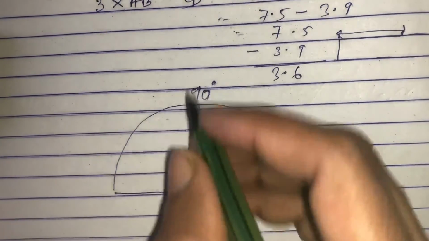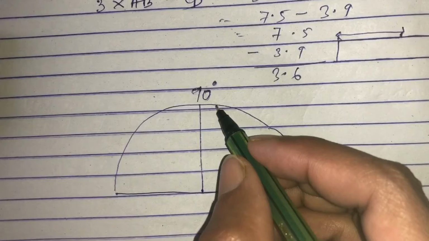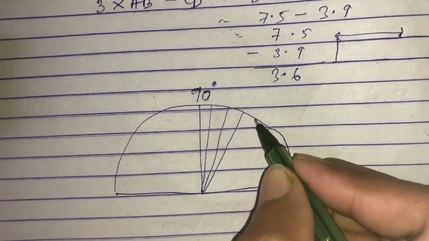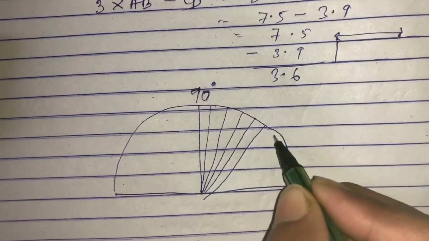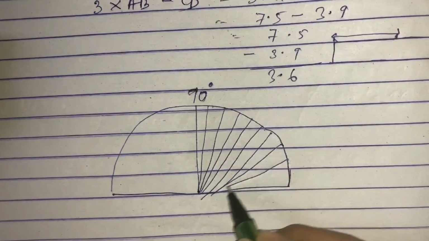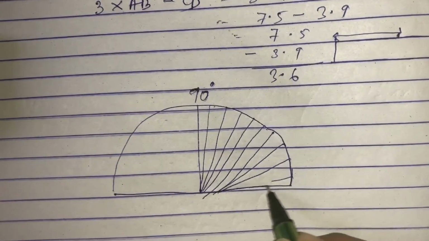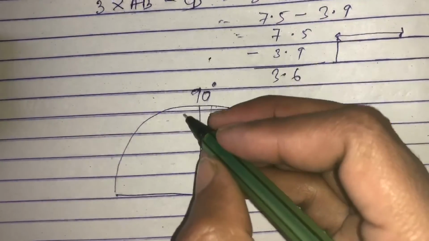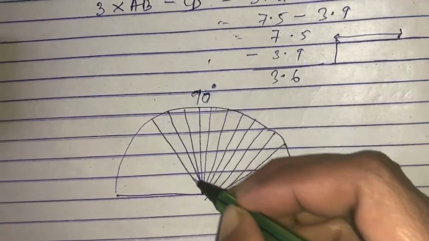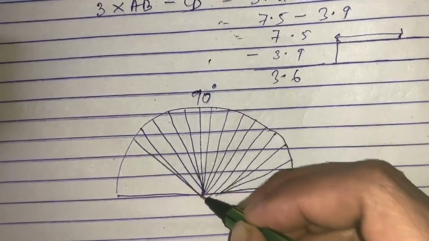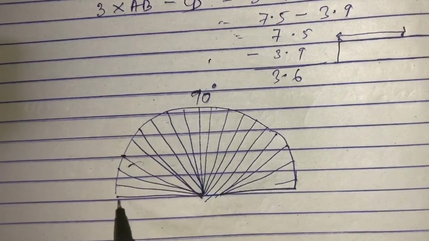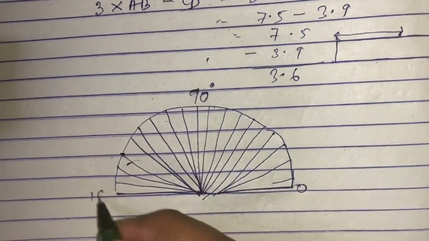The rest: 90, then 80, 70, 60, 50, 40, 30, 20, 10, then this will be 0. And here 90, then 100, 110, 120, 130, 140, 150, 160, 170, and this will be 180. This is 0 and this is 180.